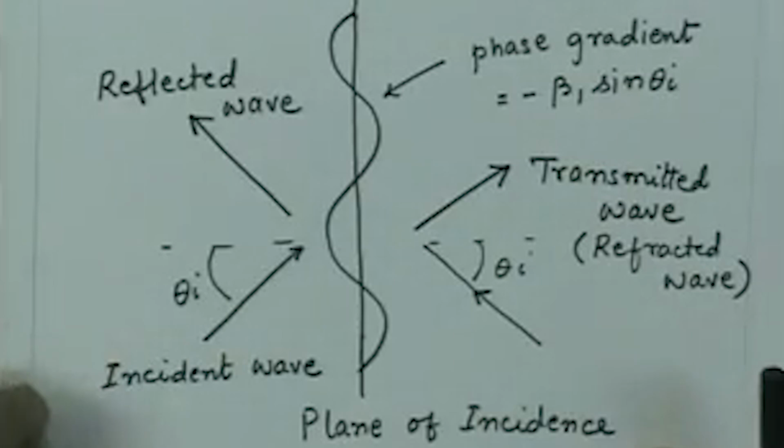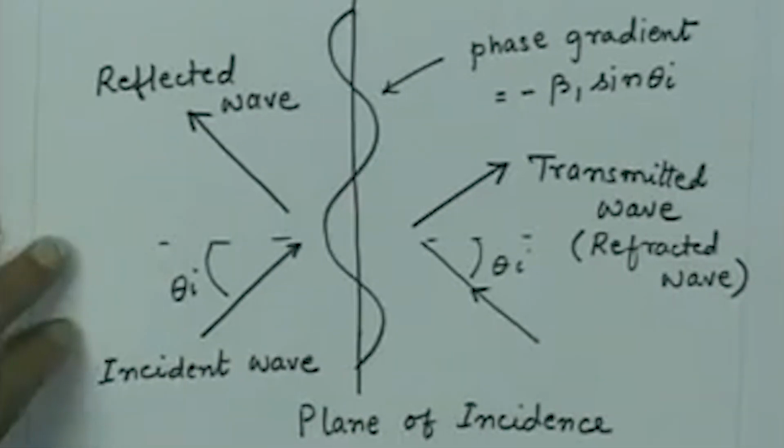So, the direction at which the wave moves: if I know the phase gradient, and I divide that by the phase constant of that medium, then the sine of the angle at which the wave travels is given by that quantity.